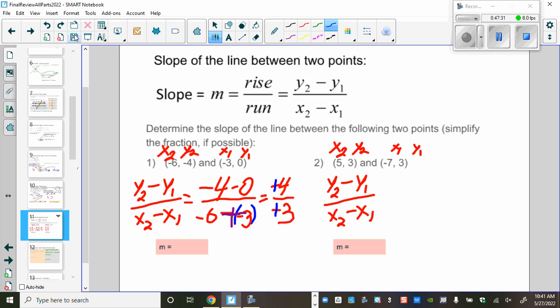I think we have to leave it be. You can leave it as 4/3. That's okay. You can leave that slope as is. You don't have to worry about simplifying that one.